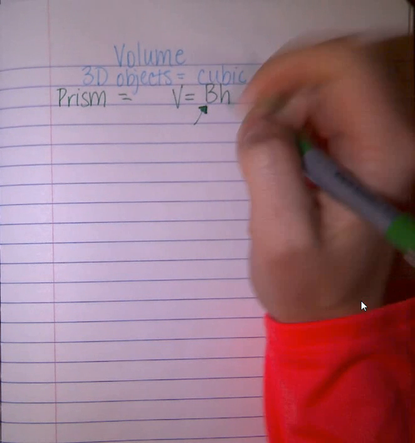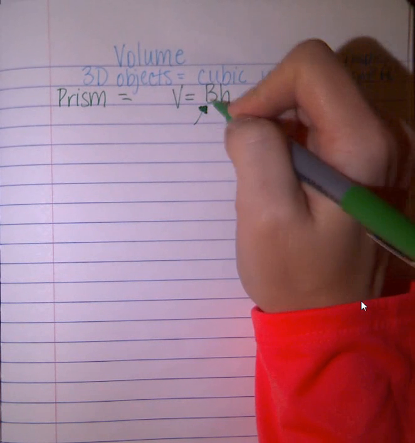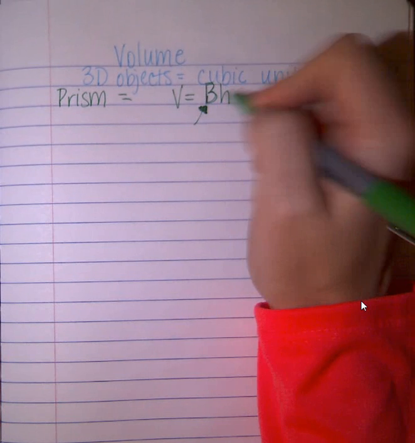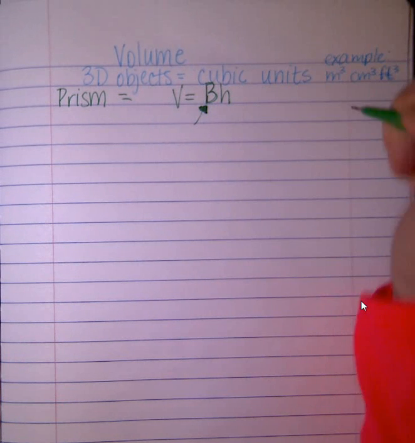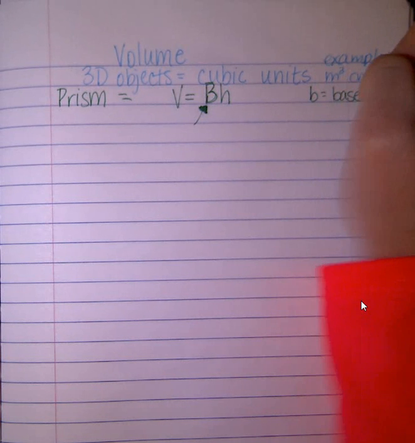We're going to make a little note. This capital B is not just one dimension. This capital B is different from a lowercase b. A lowercase b is just one dimension, just the base.